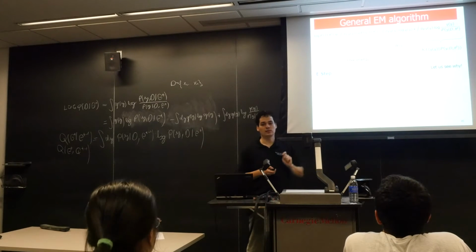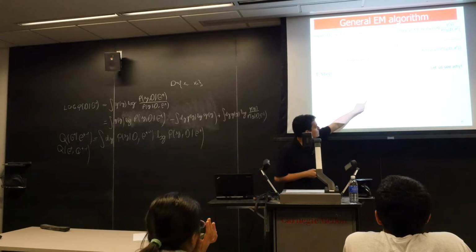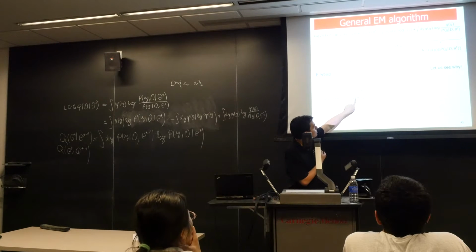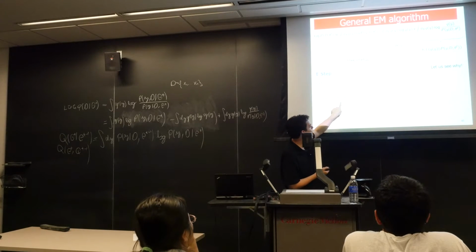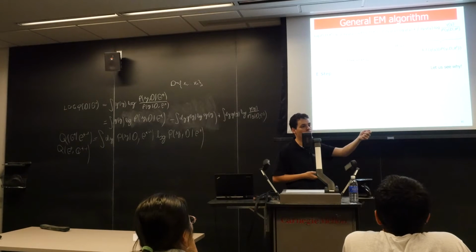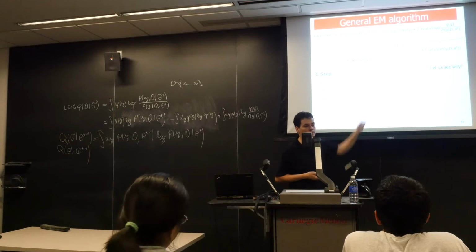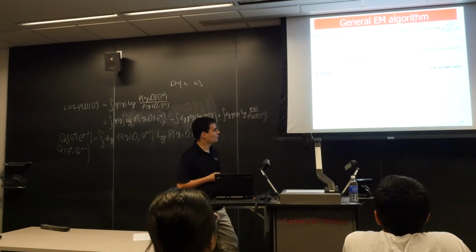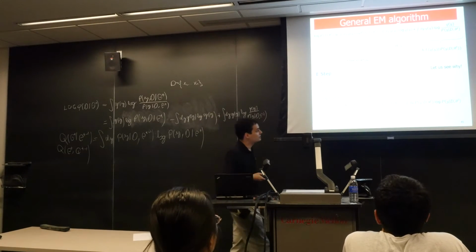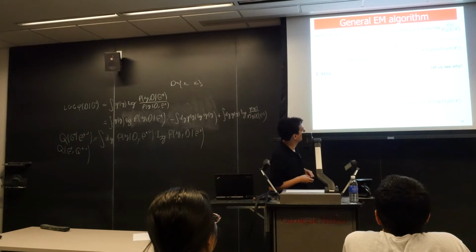And then what we have is that the log likelihood, if we choose this Q function to be this posterior, this Kullback-Leibler divergence is 0. So the log likelihood is just the free energy if you choose this Q function in the right way, namely this. Alright, and then let's use the definition of the free energy.